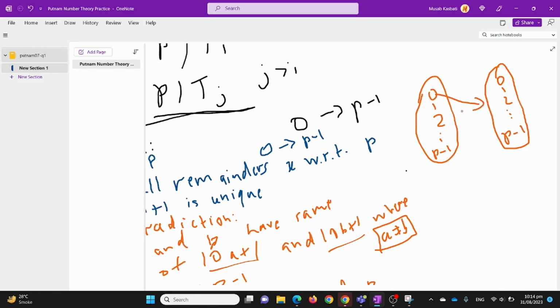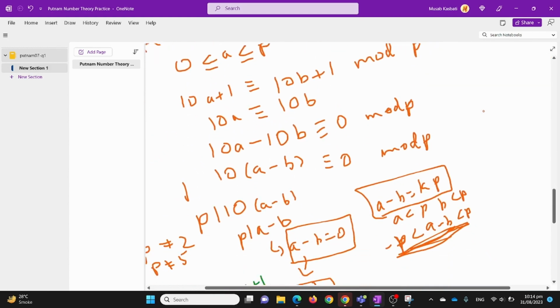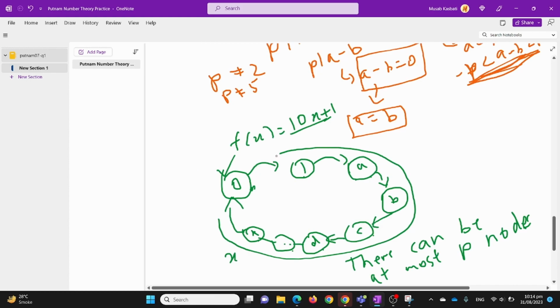I say that applying f of x maps these in a very awesome way, such that no two remainders transform into the same remainder, which gives me the nice property that if I were to start from 0 and apply the function over and over again, since no two remainders can transform into the same remainder, that means I can't have any weird cycle like this where there's two things going into a node.